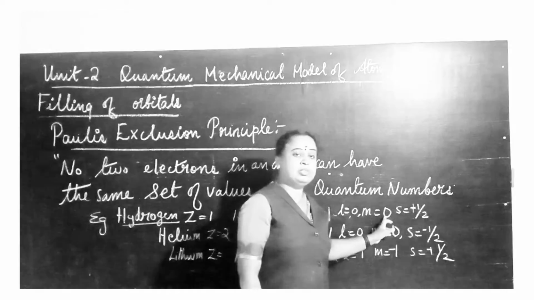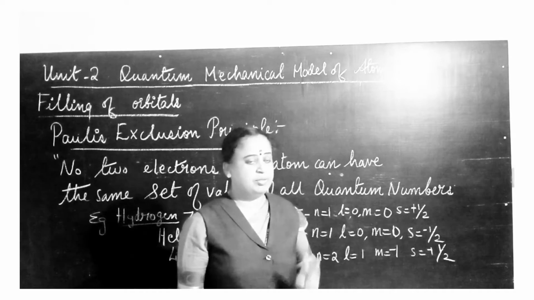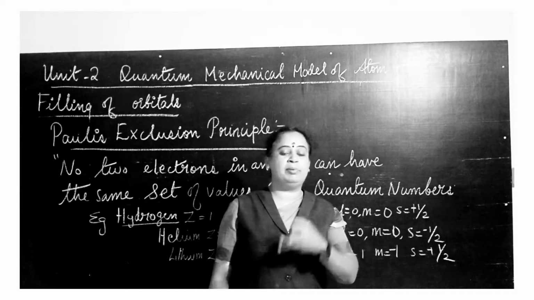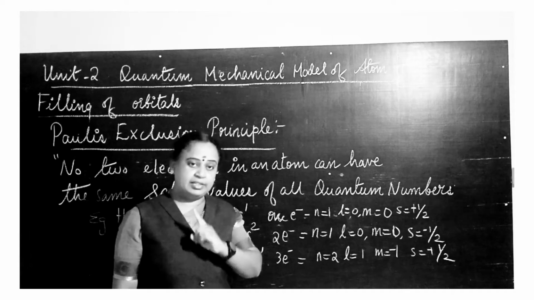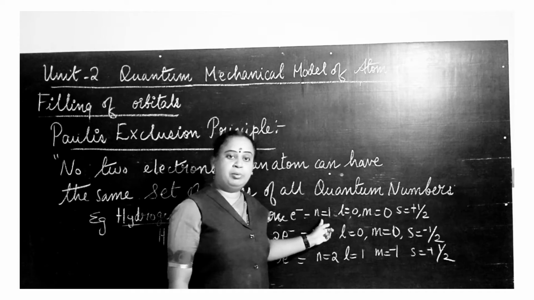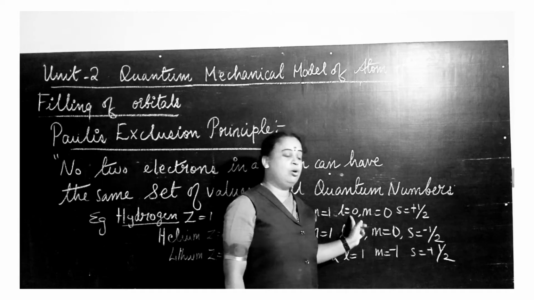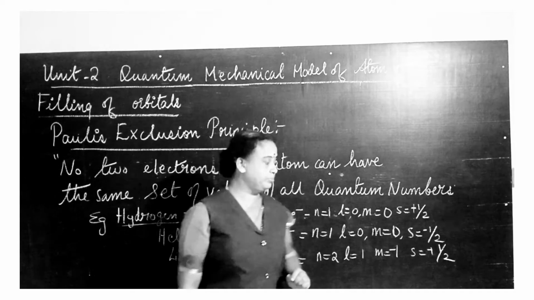Magnetic quantum number also will be 0. Then the spin quantum number will be plus half, because the spin quantum number has only 2 values, either plus half or minus half. So the 1 electron present in the hydrogen atom has the 4 quantum numbers: principal quantum number 1, azimuthal quantum number 0, magnetic quantum number 0, and spin quantum number plus half.